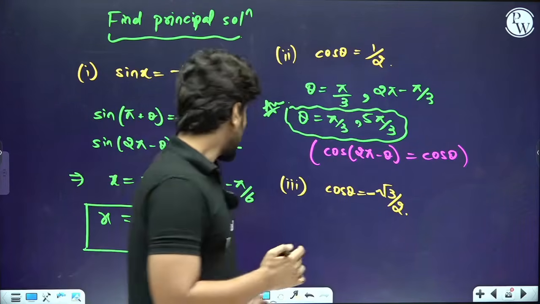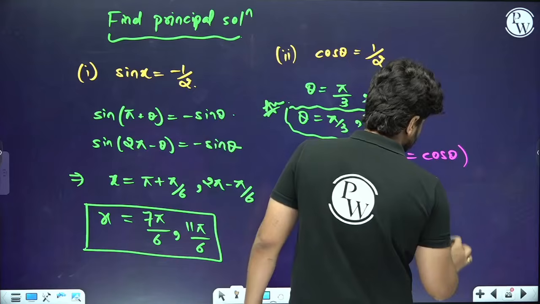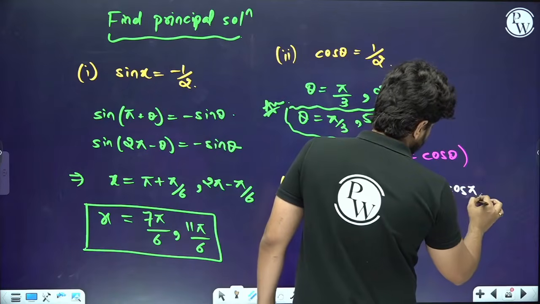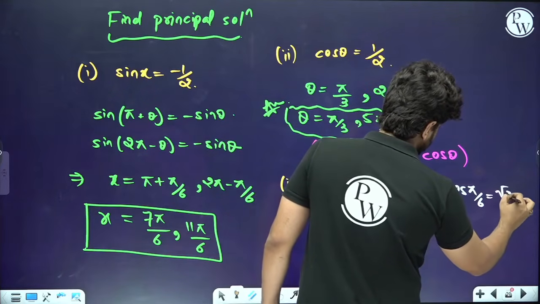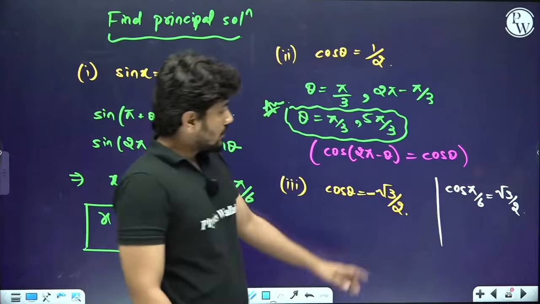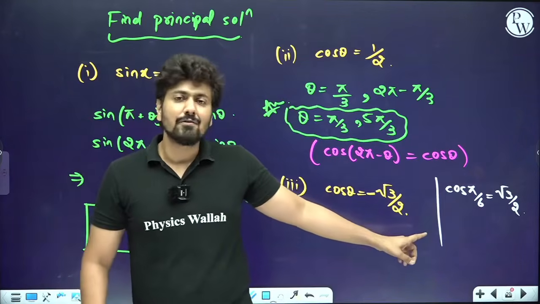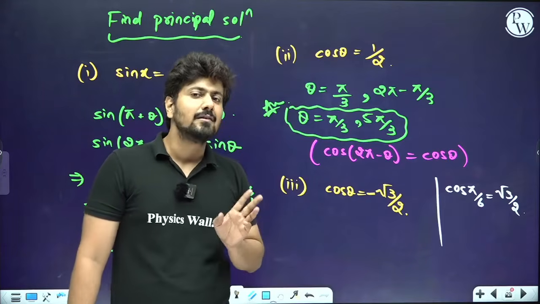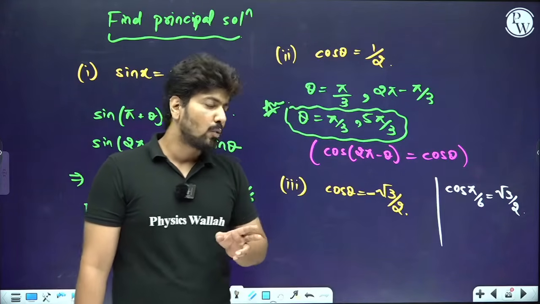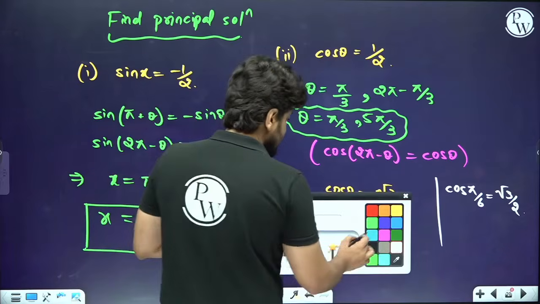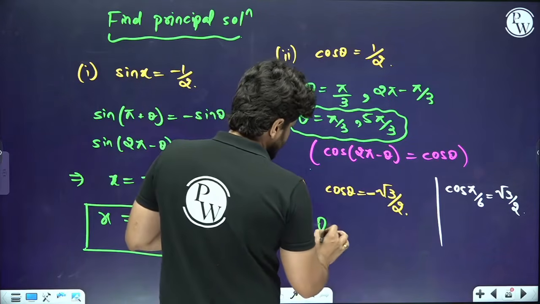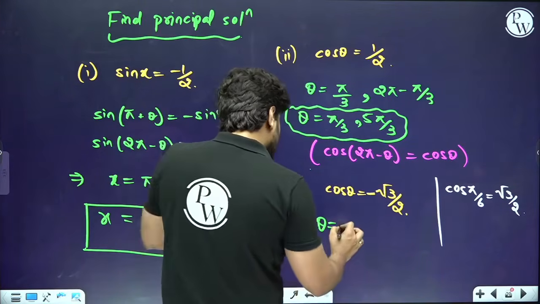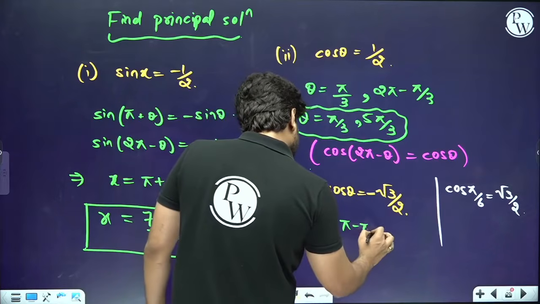We know cos pi by 6 is root 3 by 2, correct, everybody? So to get negative values, we have to look for an angle in the second quadrant and in the third quadrant. In the second quadrant, that angle is going to be, can you tell me what angle? In the second quadrant, that angle is going to be pi minus pi by 6.